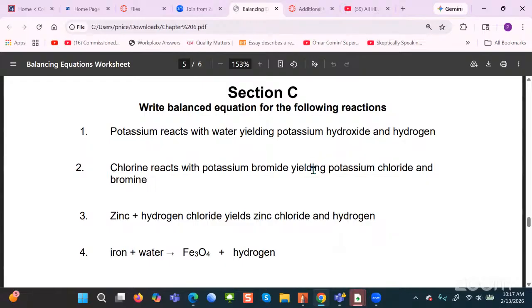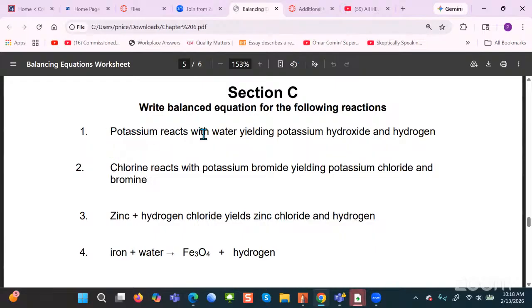So whenever you're doing these kinds of questions, you have to read it carefully to decide, firstly, what would be the reactants and what would be the products, right? Then you'd have to figure out the formulas for these substances, and then you do the balancing, all right? So let me show you how to do that for the first question in this section.